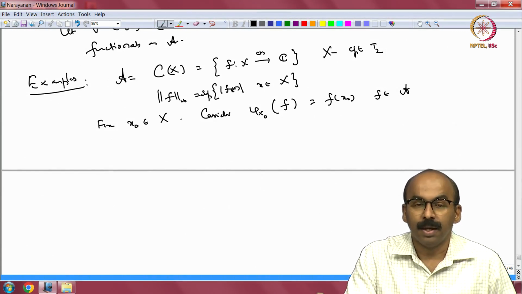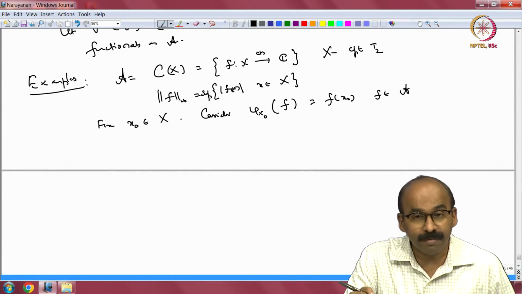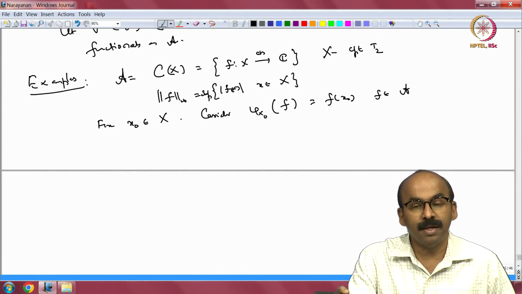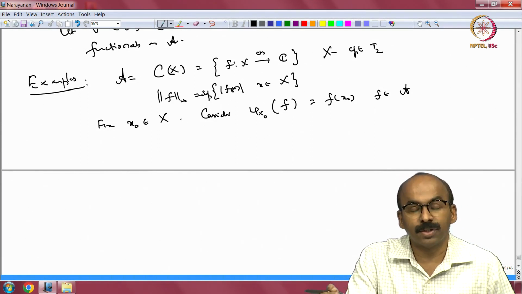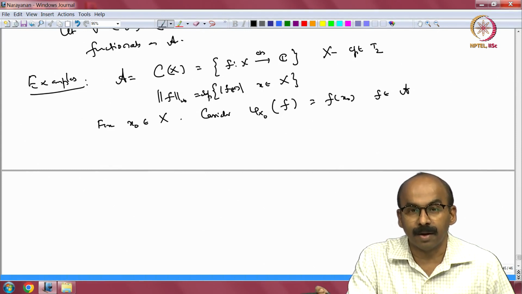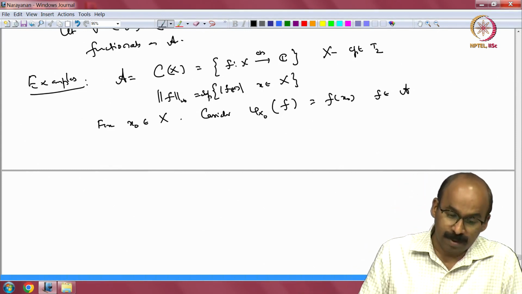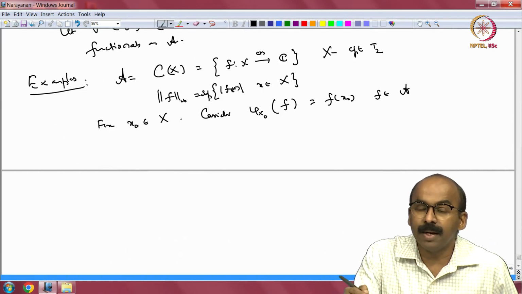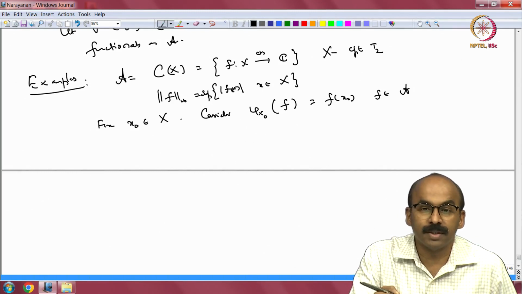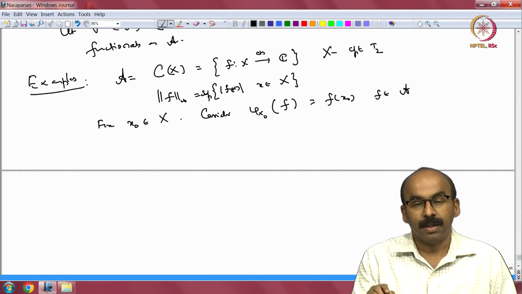That is obviously a linear functional, and obviously multiplicative, because if I take fg, it will be evaluated at x naught, that is f of x naught into g of x naught, and so it is multiplicative. So, that is a trivial assertion. It is a fact that any multiplicative linear functional on C of X is going to be of this nature. We will prove that soon.